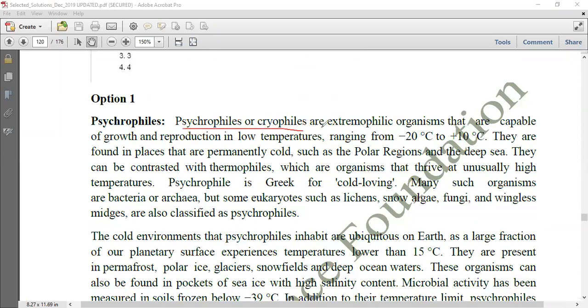Psychrophiles or cryophiles are extremophile organisms capable of growth and reproduction at low temperatures ranging from -20 to +10. They are found in places of permanent cold such as polar regions and the deep sea. They can be contrasted with thermophiles, which live at unusually high temperatures. So thermophiles at high temperature, psychrophiles at cold temperature. That we have to remember.